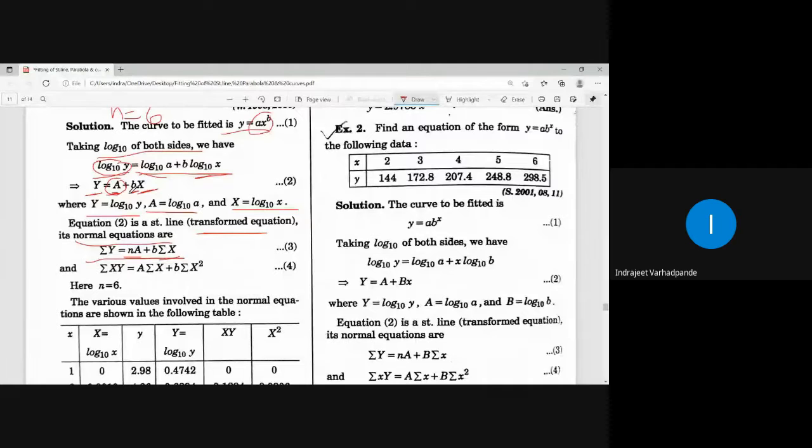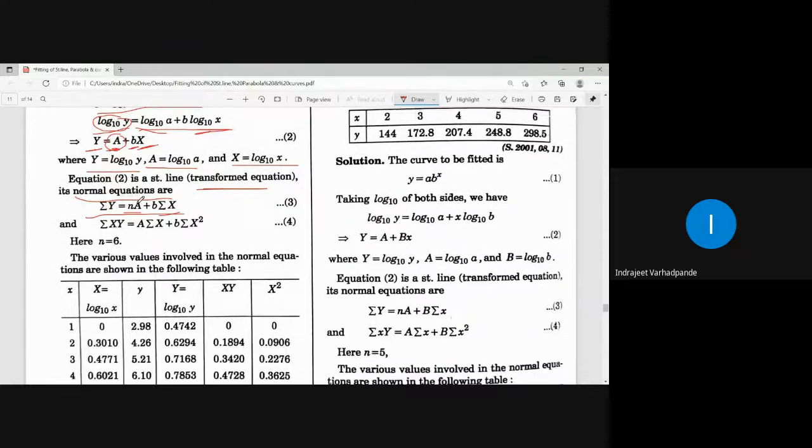Multiply by the coefficient of small b, which is capital X, throughout and take the summation. So what is formed? Summation XY is equal to A into summation X plus b into summation X square. n is equal to 6.